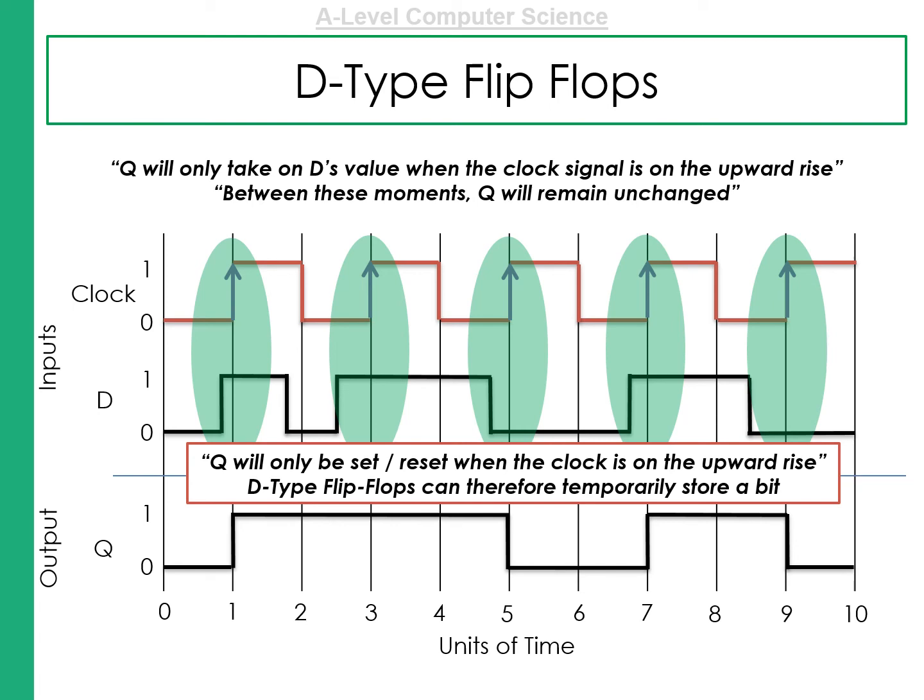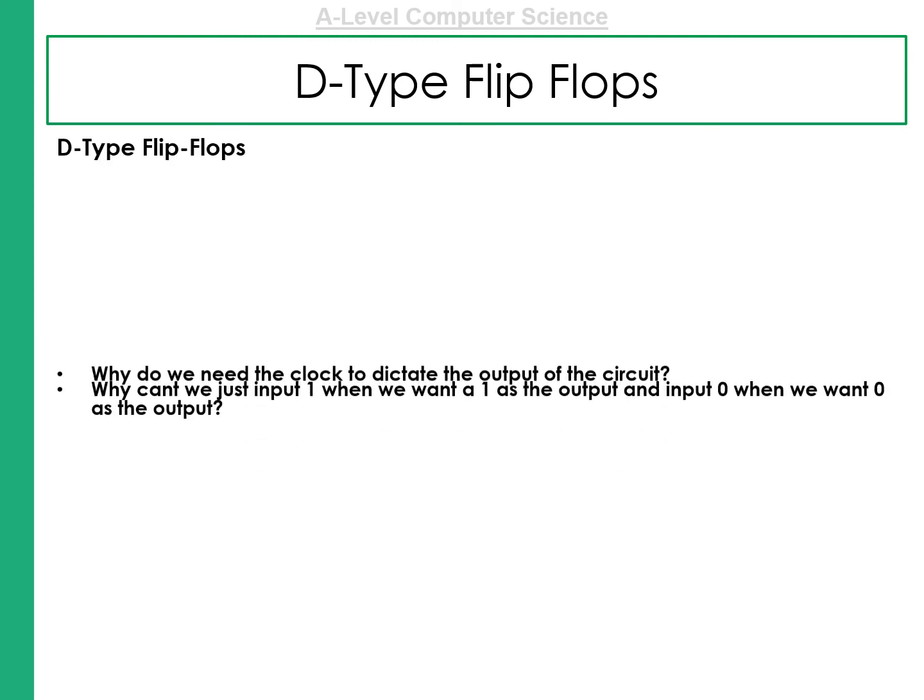Between these moments, Q is always unchanged. So this means that Q will only be set or reset when the clock is on an upwards rise. So D-type flip-flops can therefore store a temporary bit, and it can store that for as long as it needs to.